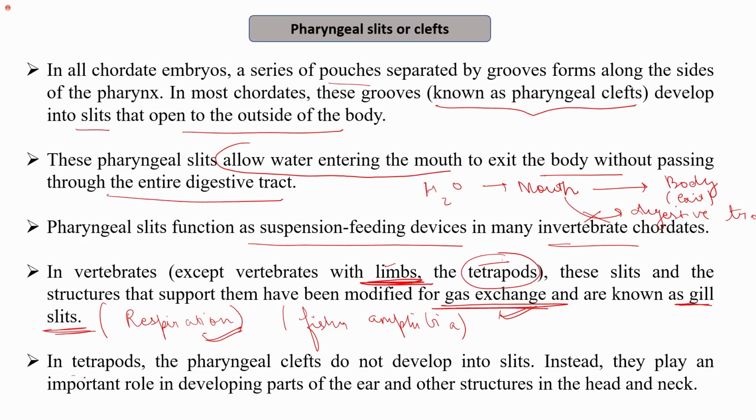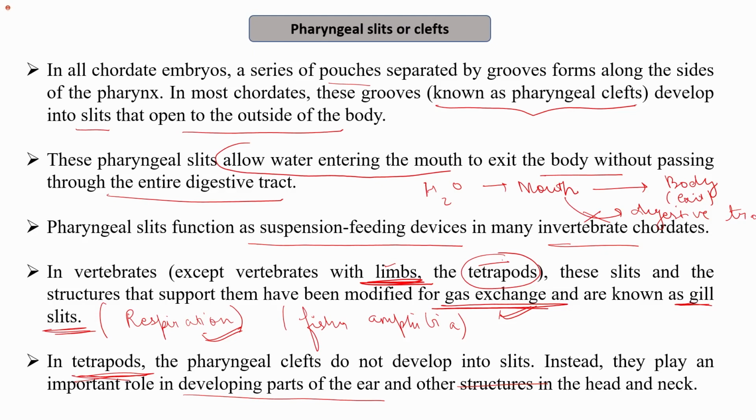If I talk about the tetrapods, that is the vertebrates with limbs, the pharyngeal clefts do not develop into the slits. Instead, they play an important role in developing parts of the ear and other structures in the head and the neck. In humans also, the auditory canal is developed from the pharyngeal clefts during the time of development.